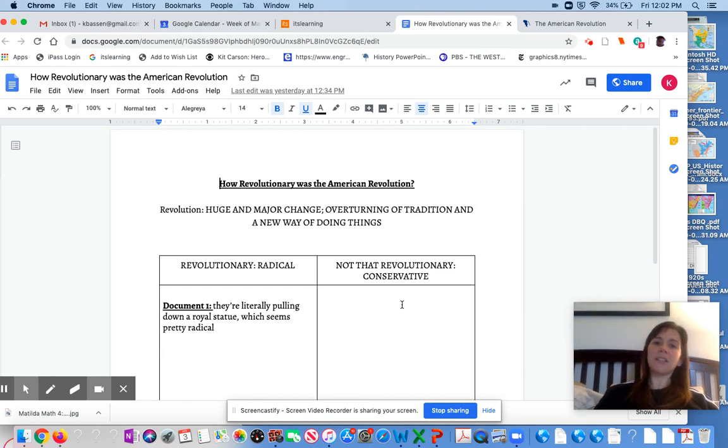And the big idea there is that you would say, well, it's a little bit of both. In some ways, it really does represent this major departure from the way that things were done, right? Thomas Jefferson's preamble, the idea that all men are created equal, all men are entitled to life, liberty, and the pursuit of happiness. That's incredibly radical.